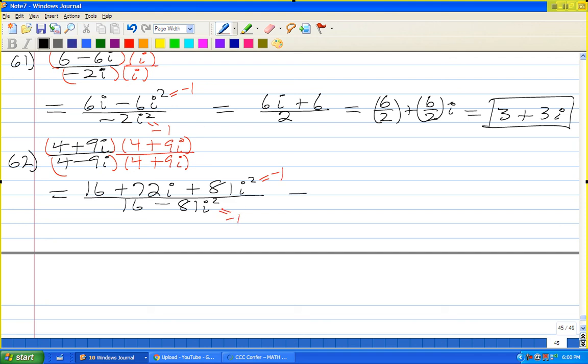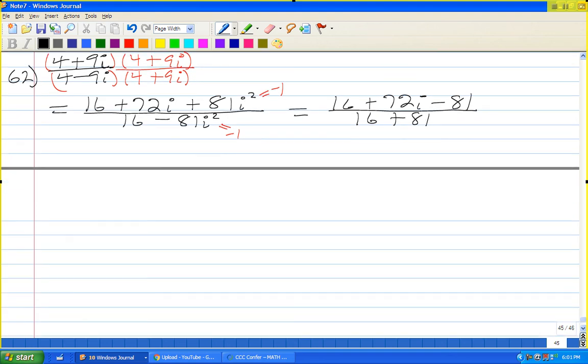So you get 16 plus 72i minus 81 over 16 plus 81. And so 16 minus 81 is negative 65, plus 72i over 16 plus 81, 97.